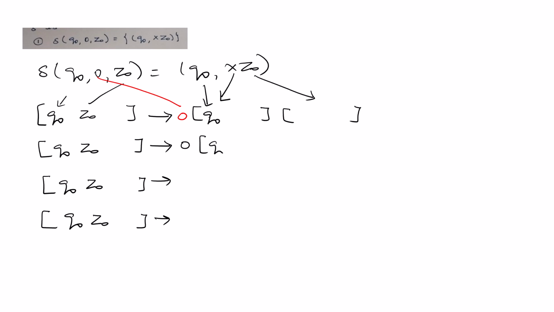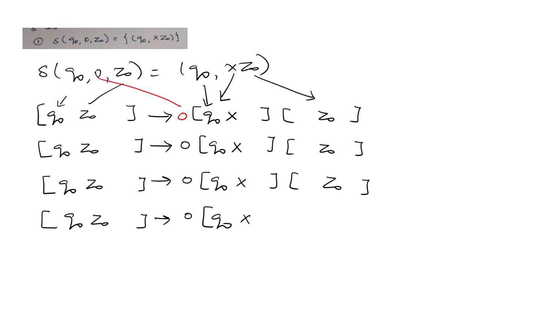0, Q0, and here we are going to have X, here also we are going to have X, here we are going to have Z0, here also we are going to have Z0. So here if we put Q0, then here also it is Q0.